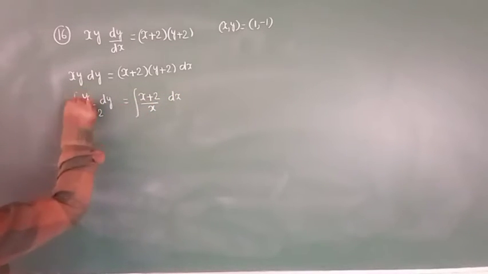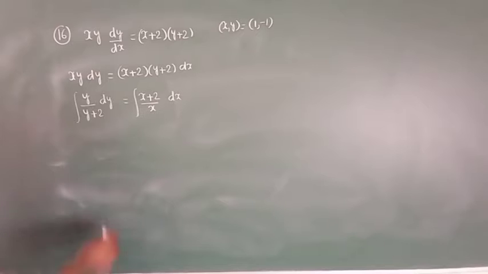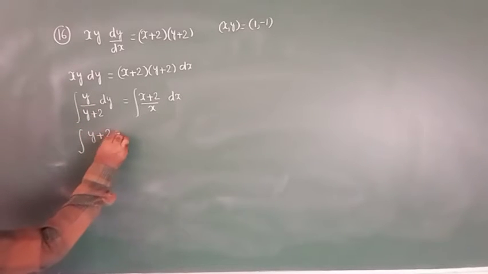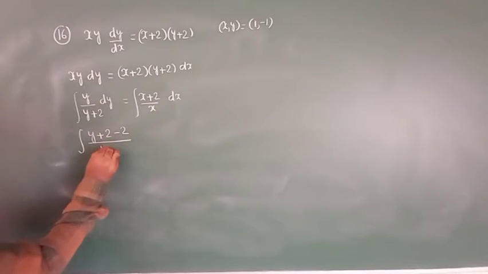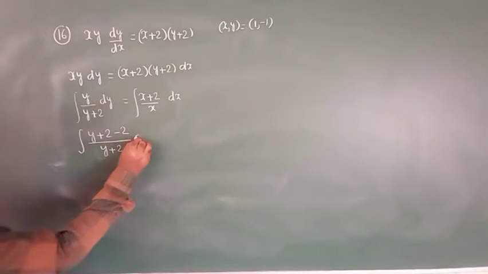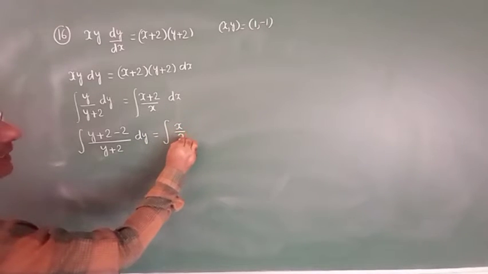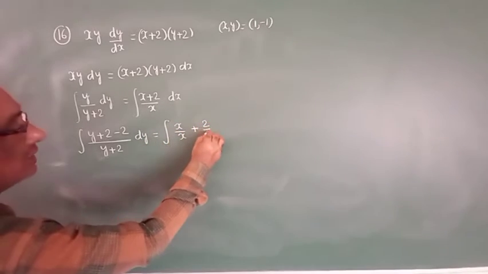Exact derivative has come. Here in the numerator write y plus 2 minus 2 and divide by the denominator; separate x by x plus 2 by x into dx.